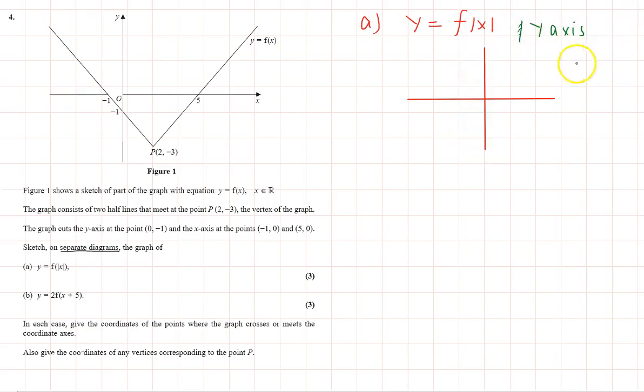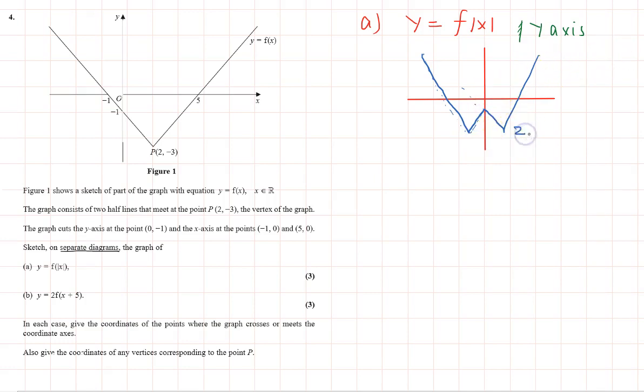This is the y-axis, and if the graph is this and this, so f mod x will be, this is the original graph and this is the mirrored graph.